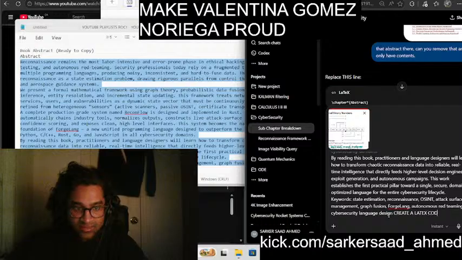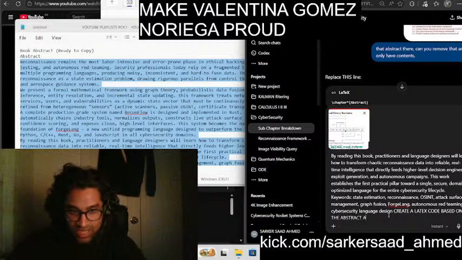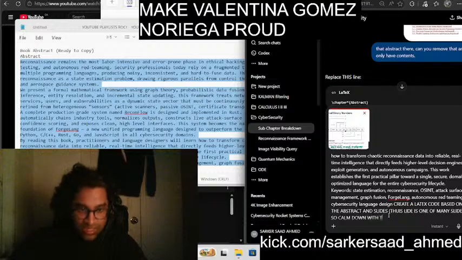Create a LaTeX code based on the abstract and slide. Now remember, this slide is one of many slides, so calm down with the explanation.